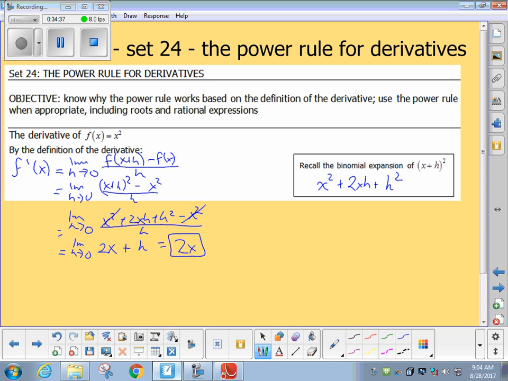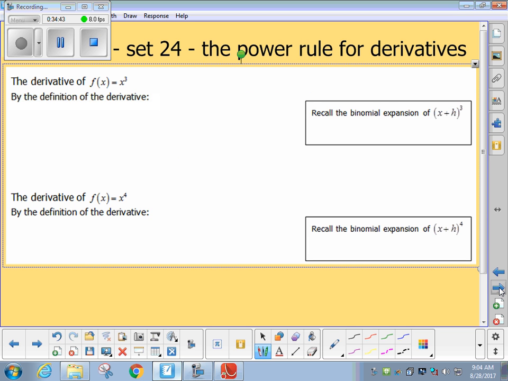Using that same idea for a cube, building towards finding a pattern is the idea. If you did x cubed, then the limit as h goes to 0 of f of x plus h minus f of x over h. Every time I write that, it's getting deeply ingrained into my brain. Becomes x plus h cubed minus x cubed over h.